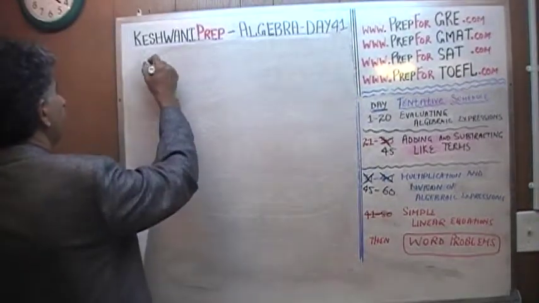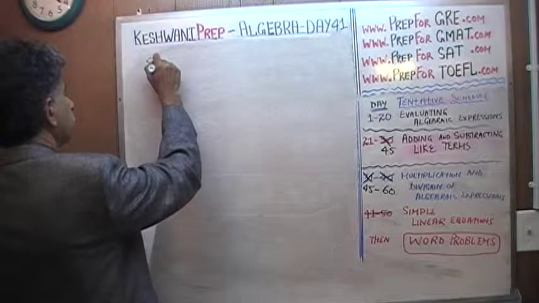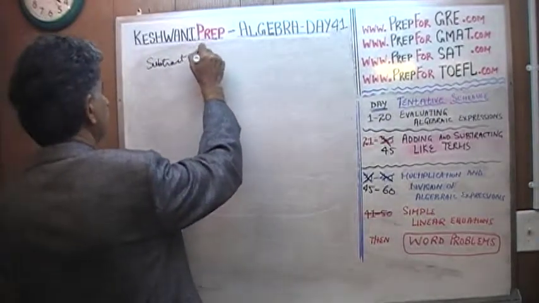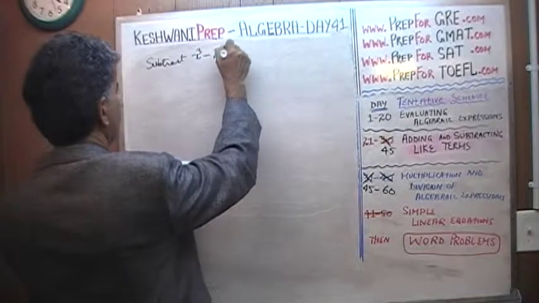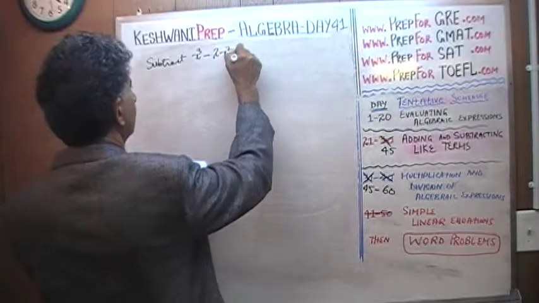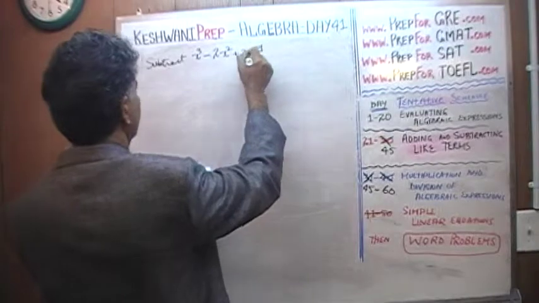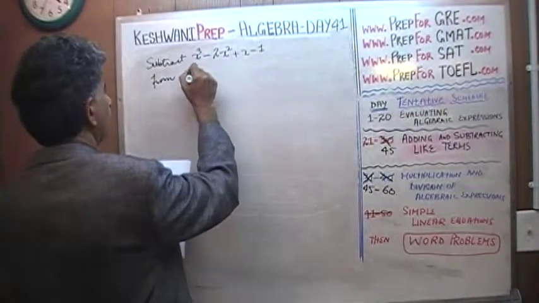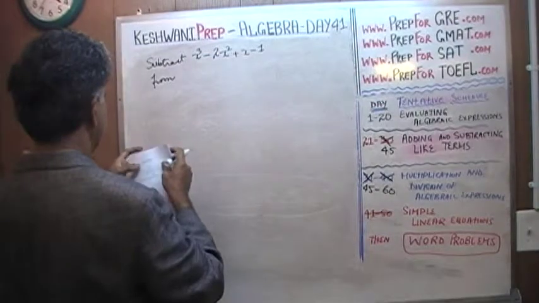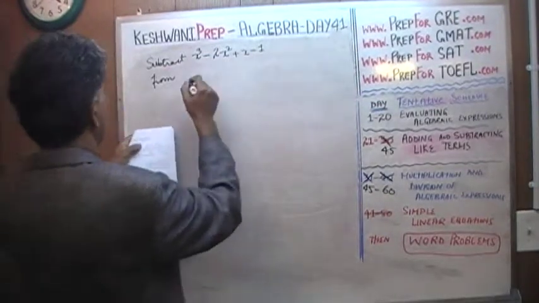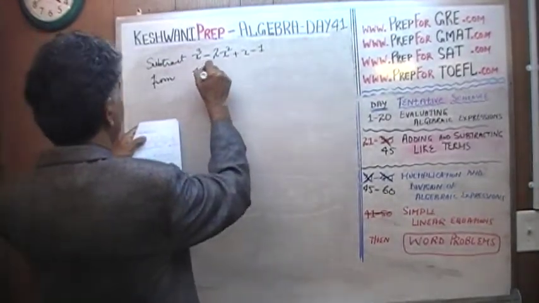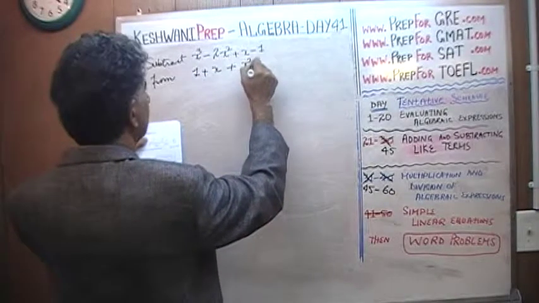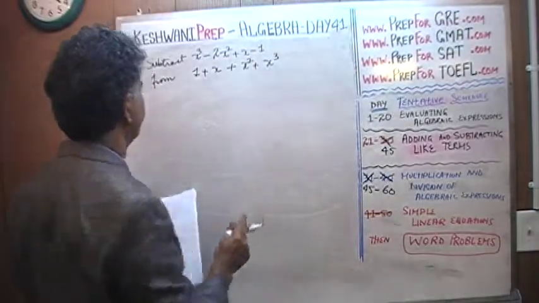It says subtract x cubed minus 2x squared plus x minus 1 from 1 plus x squared plus x cubed.